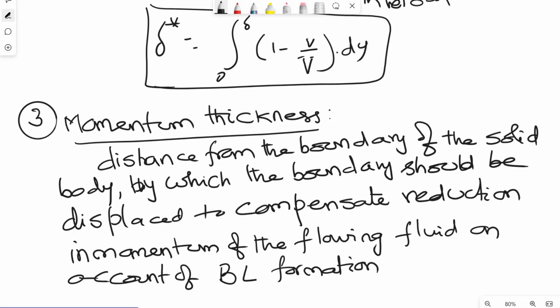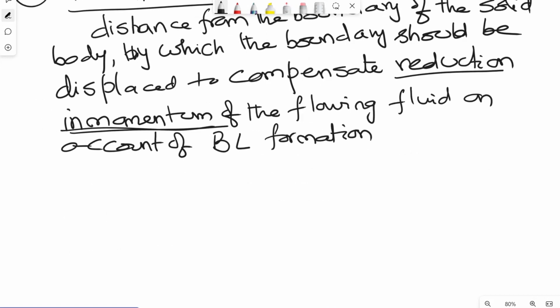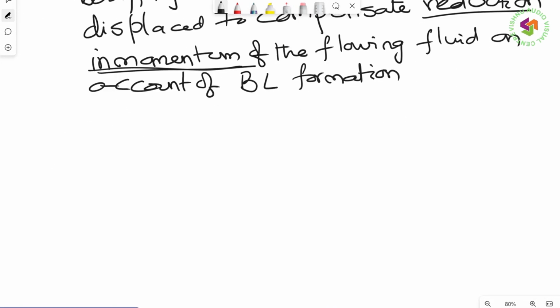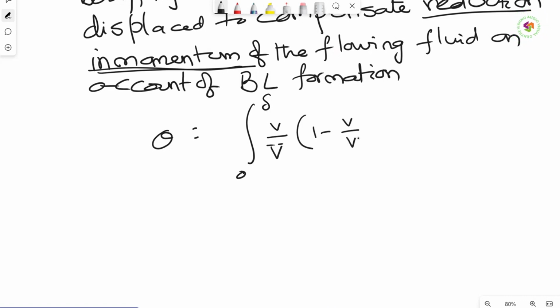So previous one is reduction in flow. Now reduction in momentum. So please note again, this is denoted by theta. Momentum thickness is represented by theta is equal to integral 0 to delta, small v by capital V into 1 minus small v by capital V, dy.